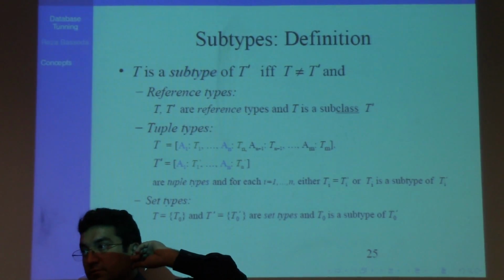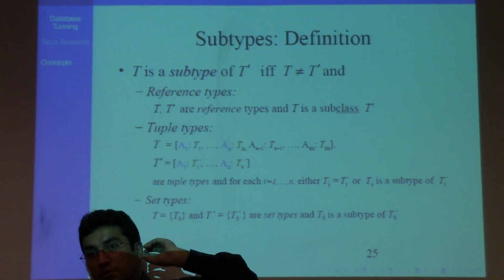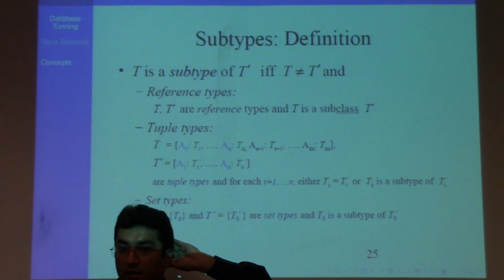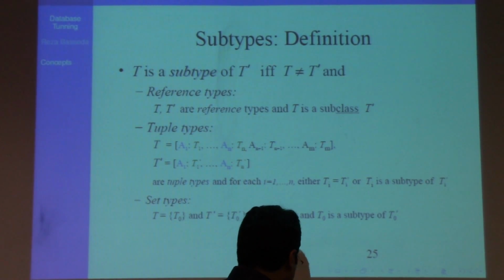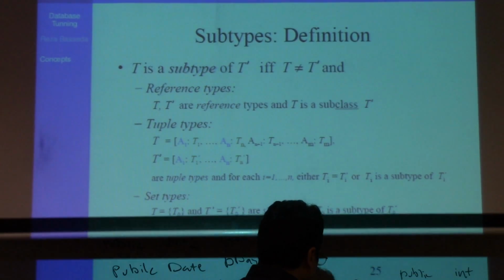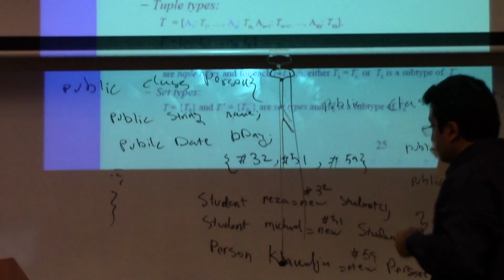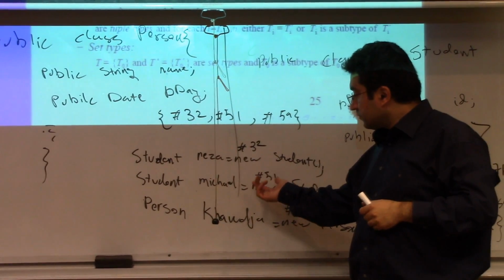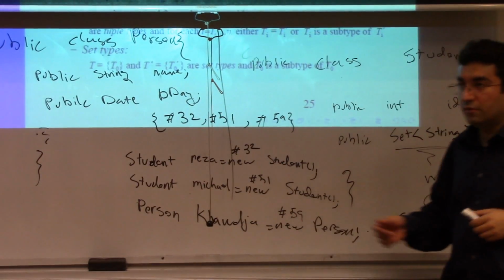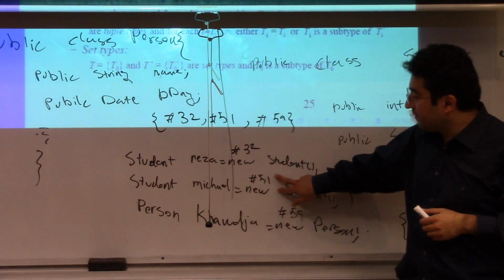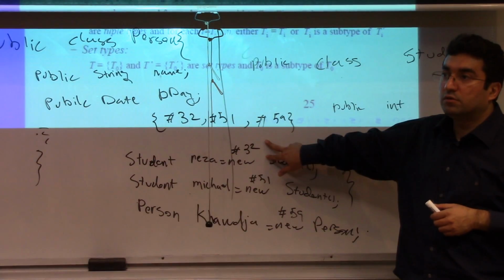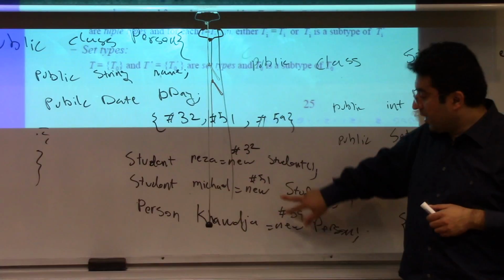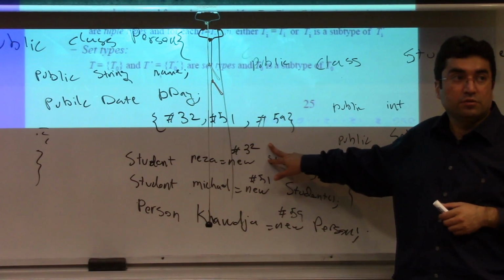What does it mean? If they are reference types, this is a reference type, right? Is 51 a subtype of this one? No, why? Because they're the same. Is 59 a subtype of 32?